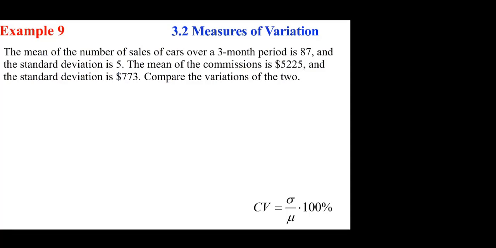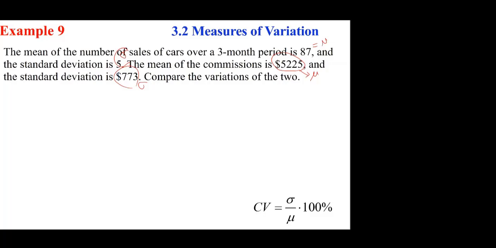We want to compare the variation of the two. They are two completely different things, so we want to compare coefficients of variance. With that being the case, for the first one, this would be mu, this would be sigma, for cars. This would be mu, this would be sigma for commissions.